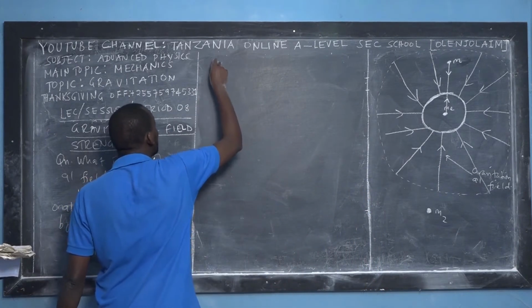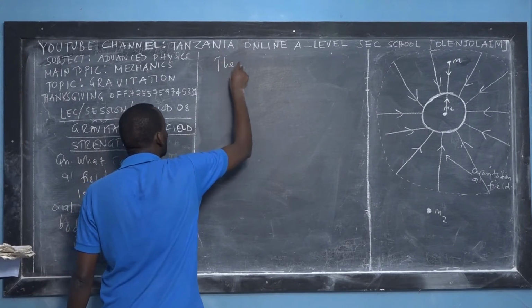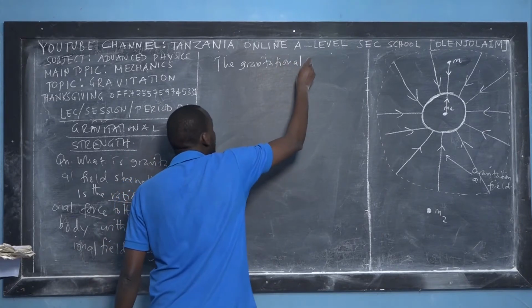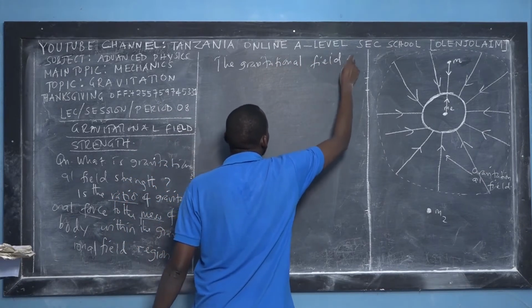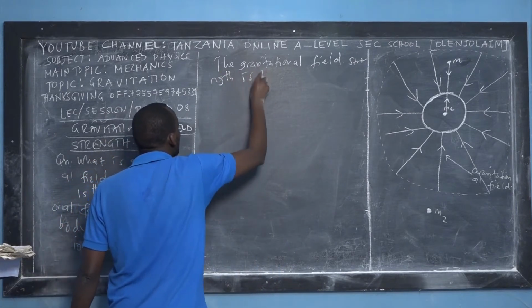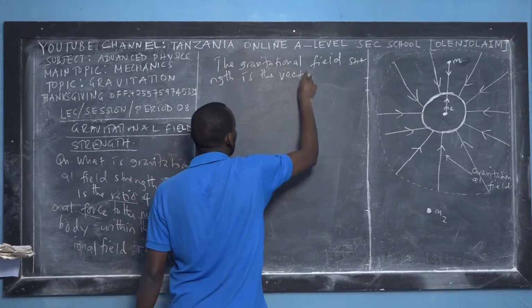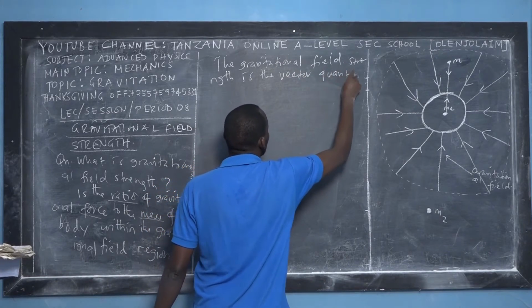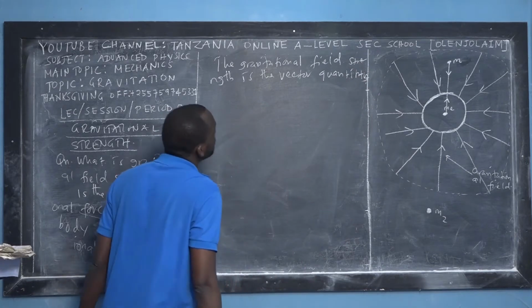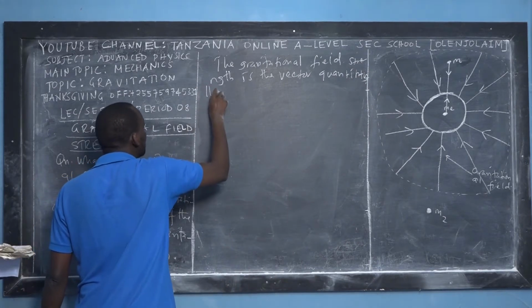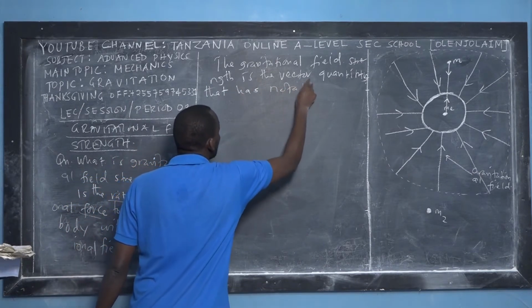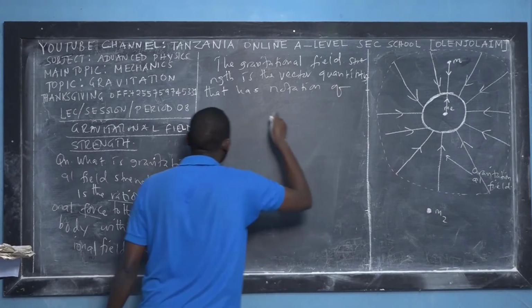So we say that the gravitational field strength is a vector quantity. It's a vector quantity that has this notation.